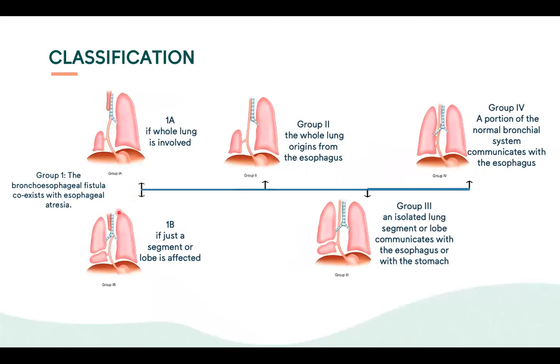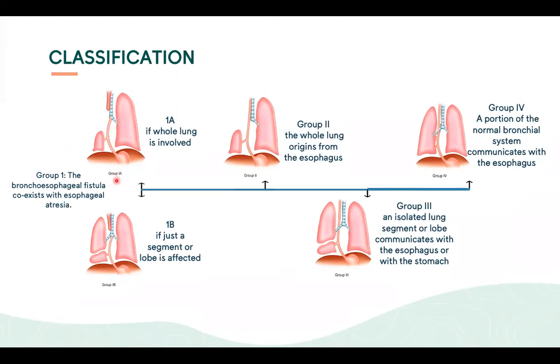Esophageal lung is classified into 4 main groups based on embryology and anatomical features of the lung. The first group is when the bronchoesophageal fistula coexists with esophageal atresia, which means there is a connection between the esophagus and the trachea, which is tracheoesophageal fistula, in addition to the esophageal atresia, which is a blind-ended esophagus, rather than connecting to the stomach.